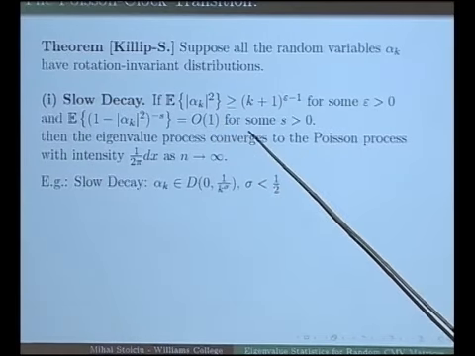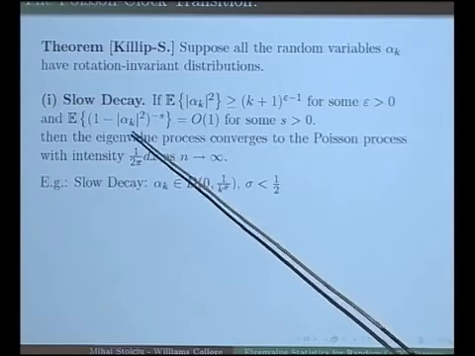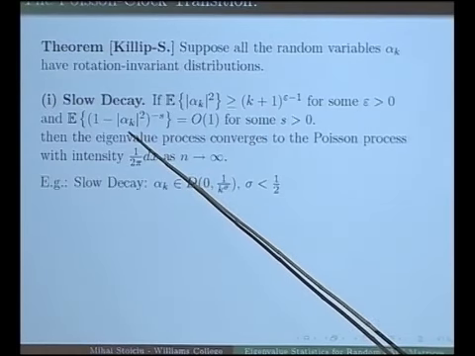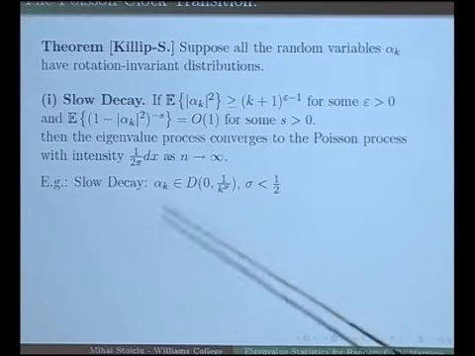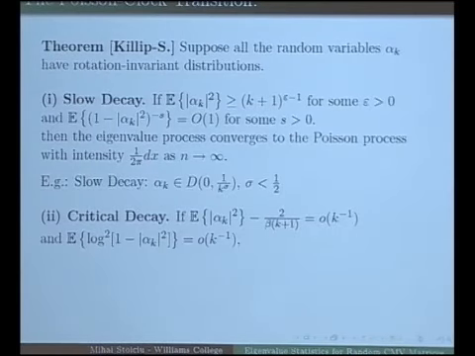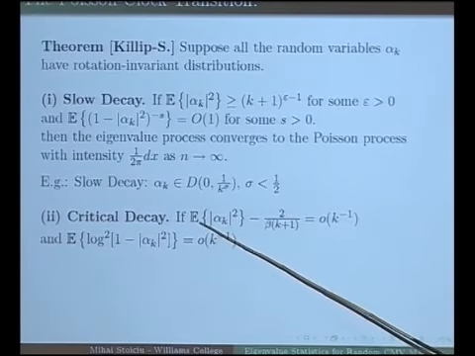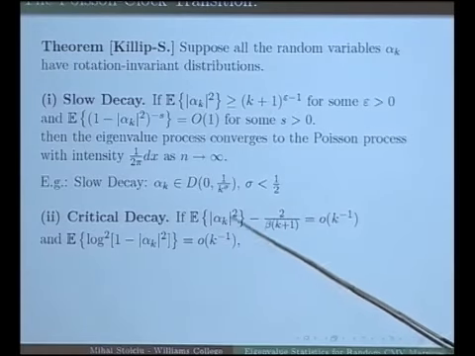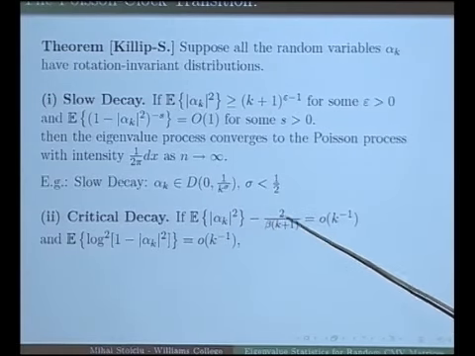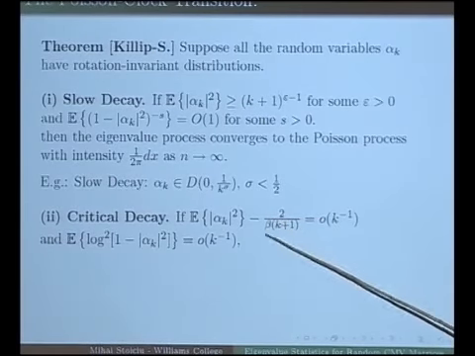So all we need for this is a rotation invariant distribution, construct the corresponding CMV matrix, and I require the expectation to be slower than this, and this technical condition. Then we get Poisson. Critical decay: here's where beta comes into play.